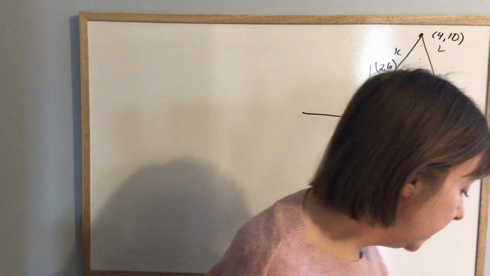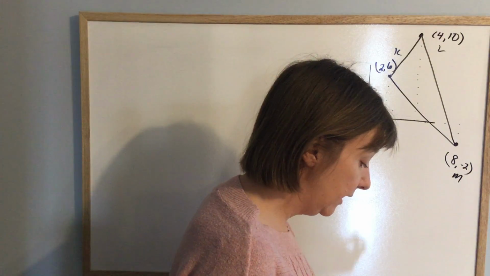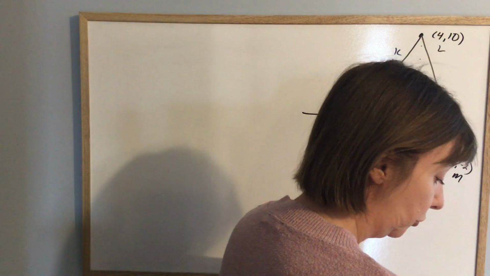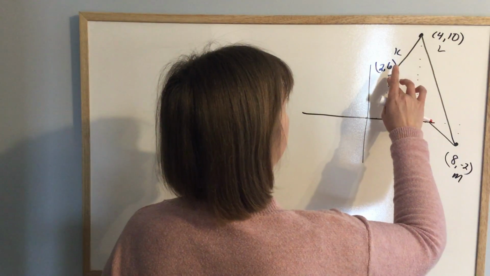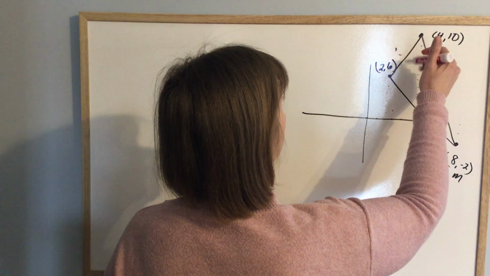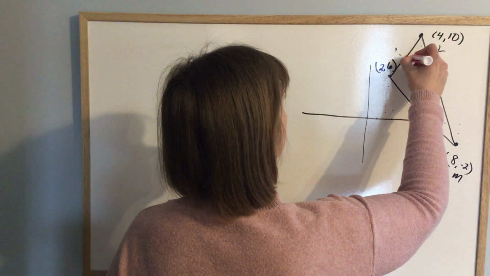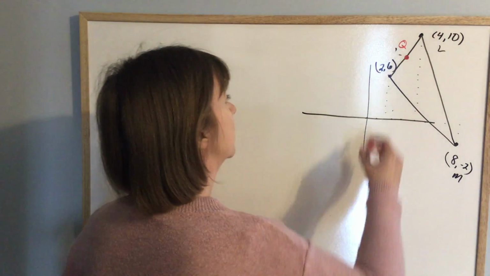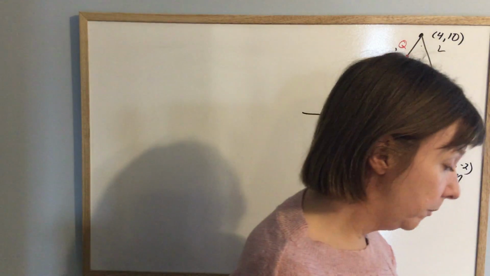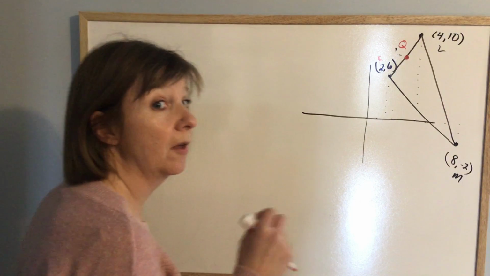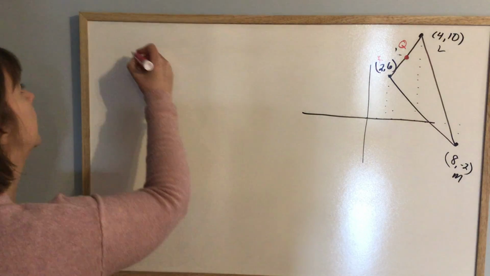It says let the midpoint of KL be Q. So the midpoint from K, which is this one, to L, which is this one. So that's point Q. That is the midpoint. The first thing I'm going to do is figure out what point Q is.